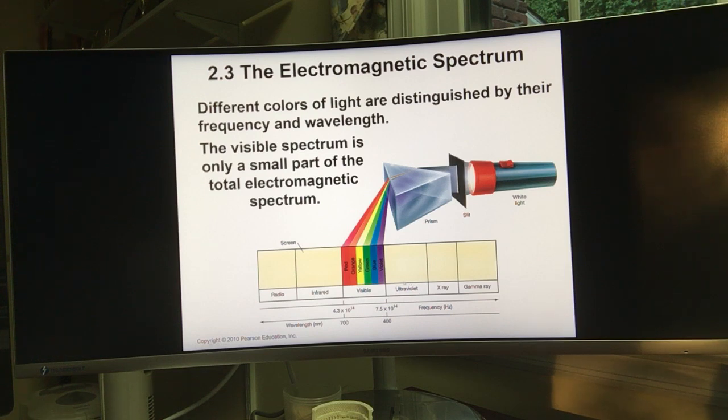Then if we continue to move towards the higher frequency range, we meet ultraviolet, which is UV light. In the summertime you need to put sunblock on to protect yourself from UV light. Then you go to X-rays. If you go to a dental office, they can take X-rays of your teeth.